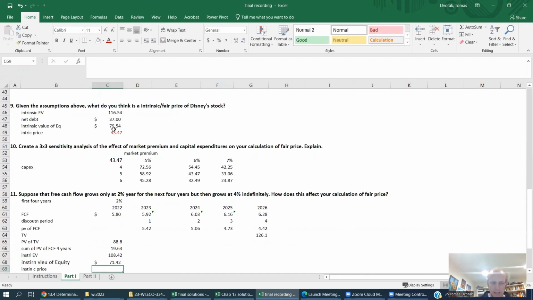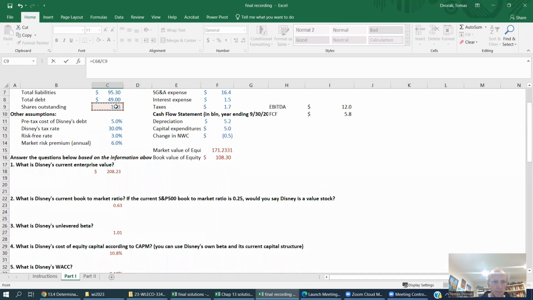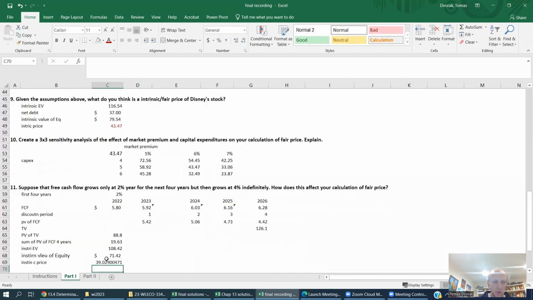Right, so it's a net debt. Great, and I can take that number and divide it by the number of shares outstanding, and that gives me a new fair stock price, which is not surprisingly lower than when we were assuming that the growth will be 4% forever.